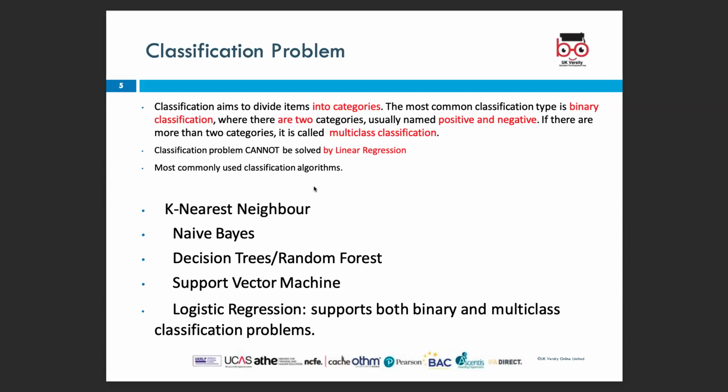Classification problem cannot be solved by linear regression. Most commonly used classification algorithms are k-nearest neighbor, naive Bayes, decision trees, random forest, support vector machine. Logistic regression supports both binary and multi-class classification problems.